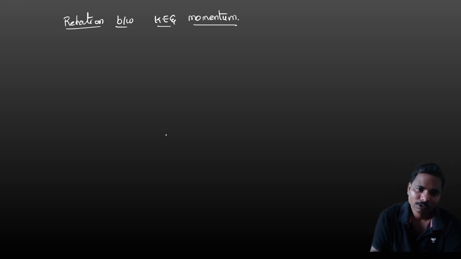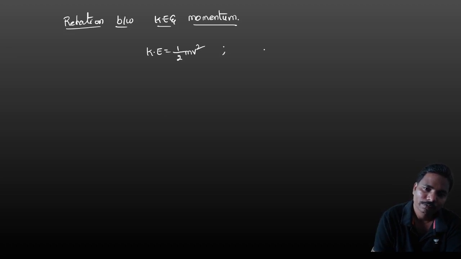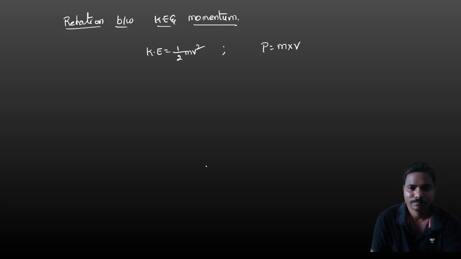So KE formula: KE is equal to half mv square. Momentum is equal to mass into velocity. In both formulas we have mv, but in KE it is mv square. To get the square, I am squaring both sides of the momentum equation.